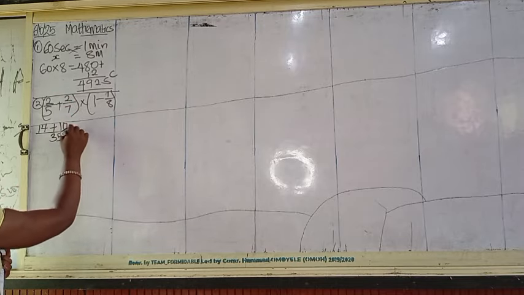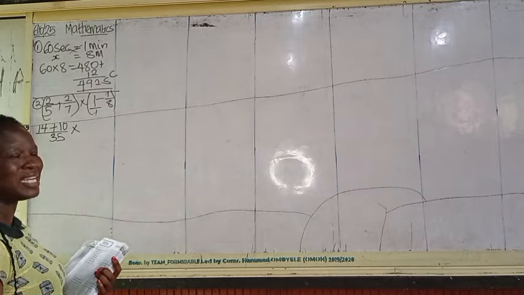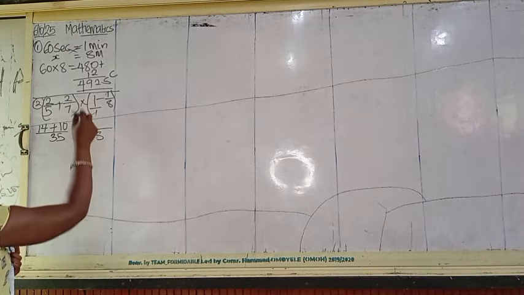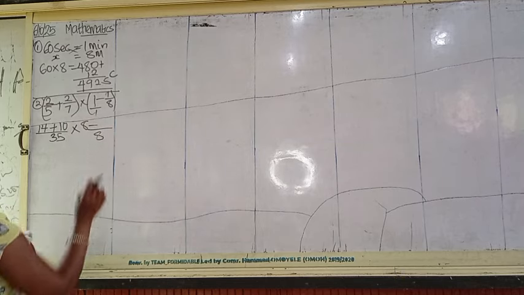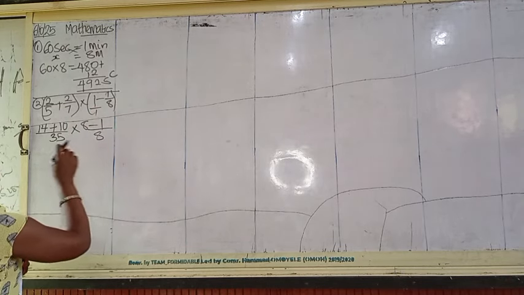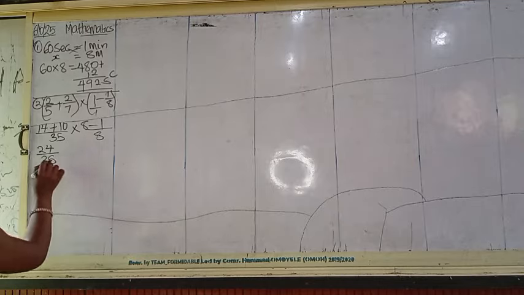You are keeping this at one side. Then for this, make this over 1. The LCM of 1 and 8, that is 8. 1 in 8, 8. 1 times that, 1. 8 in 8, 1. 1 times 1, that is still 1. So we are having 14 plus 10, which is equal to 24 over 35.